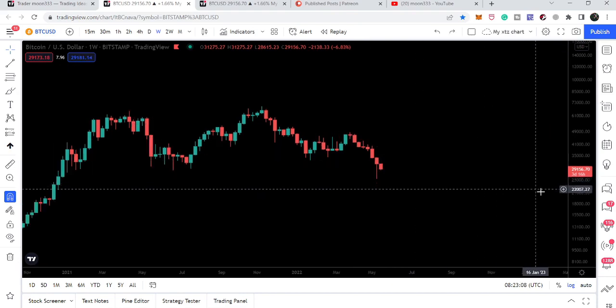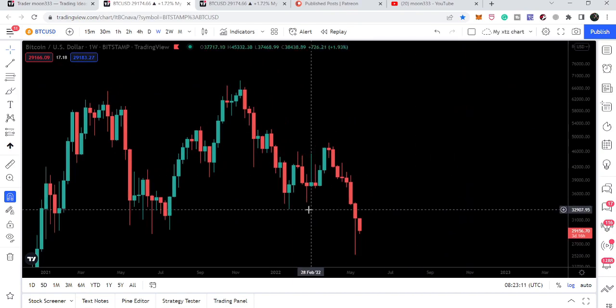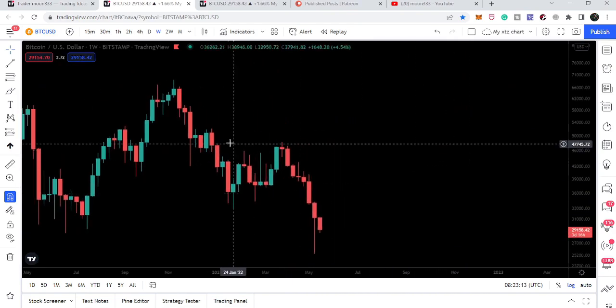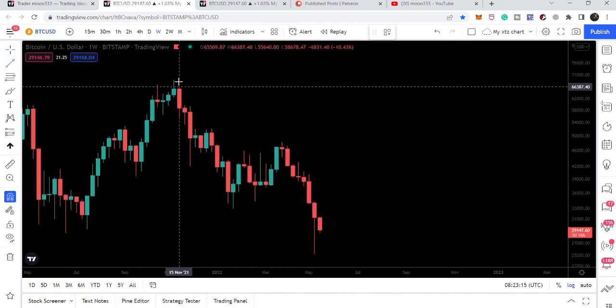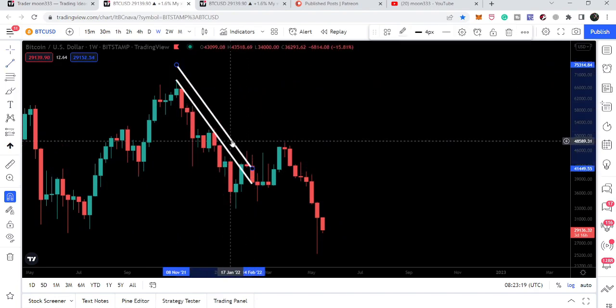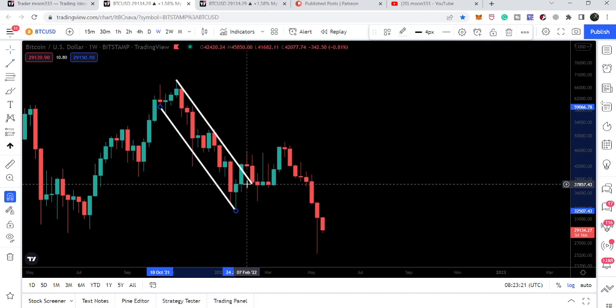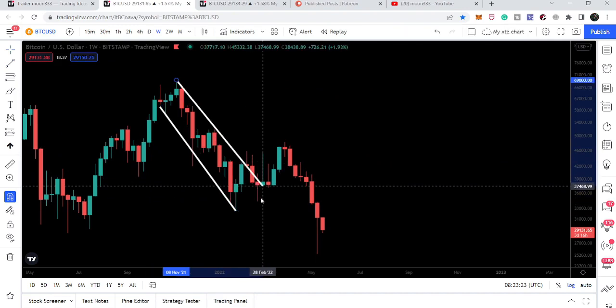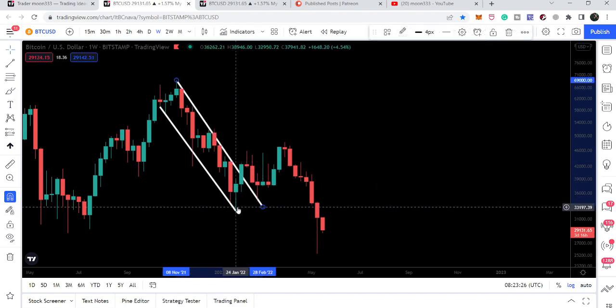Now let's take a look at the very big bear flag that has been formed on the Bitcoin chart. This is, by the way, the weekly time frame, and here we have this channel to the downside. And I have been showing you this channel even in my previous videos almost a month ago.